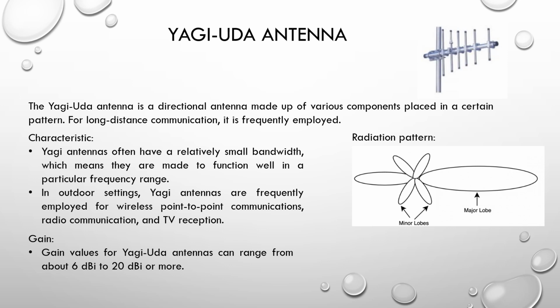In outdoor settings, Yagi-Uda antennas are frequently employed for wireless point-to-point communication, which is radio communication and TV reception. The gain for the Yagi-Uda antenna commonly ranges from 6 dBi to 20 dBi or more. The radiation pattern for the Yagi-Uda antenna is directional.